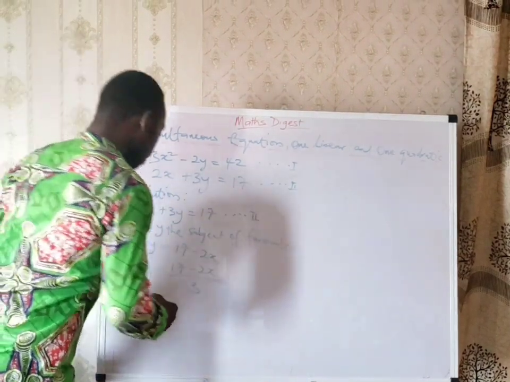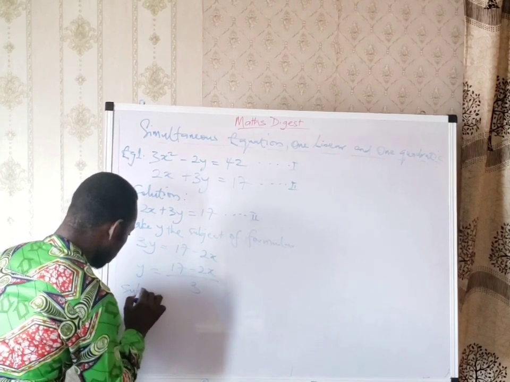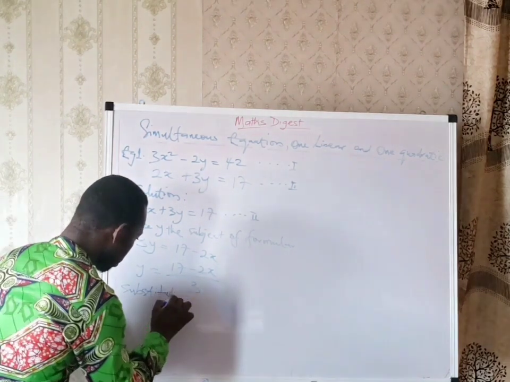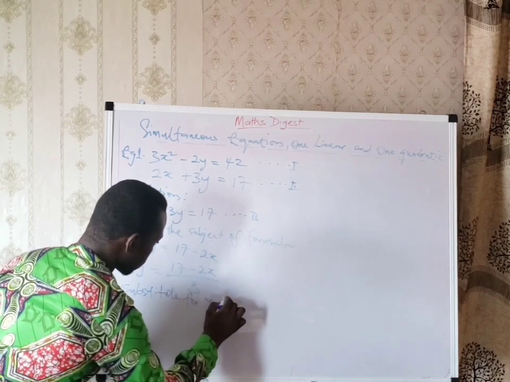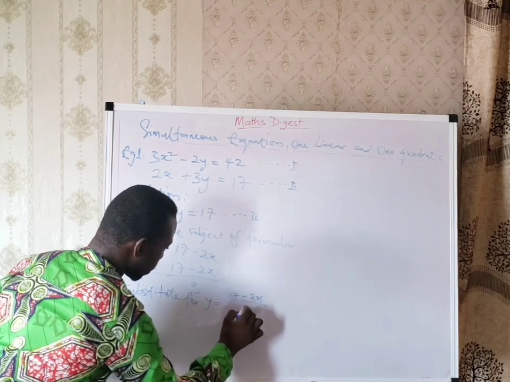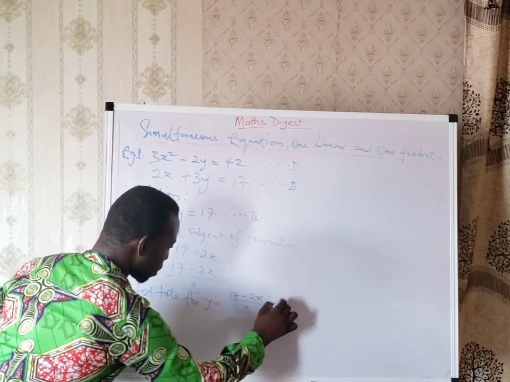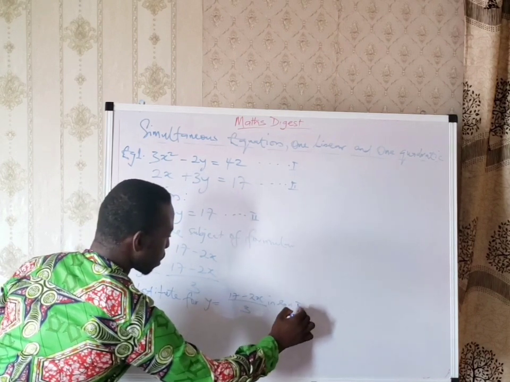All right, from here now we say substitute for y equal to 17 minus 2x over 3 in equation 1.